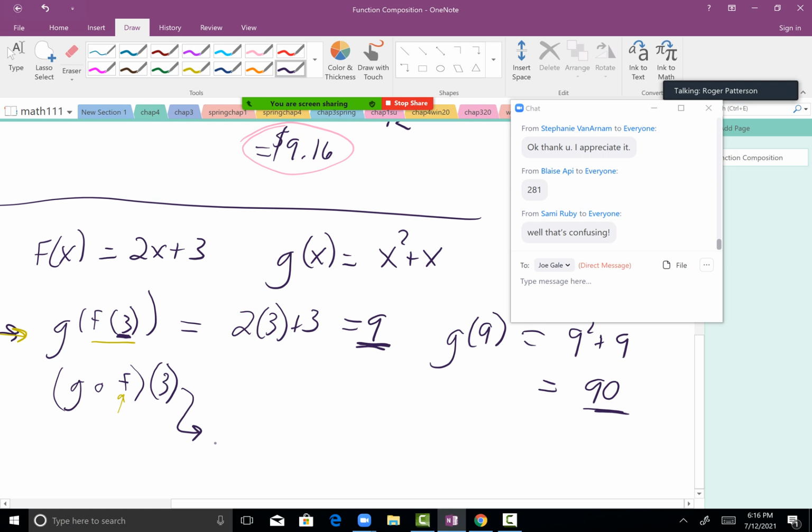Here, it's the same idea. So 3 goes in, right? You're going to get 9, and now you're going to take g of 9. It's the same idea, it's just how it's written, okay?